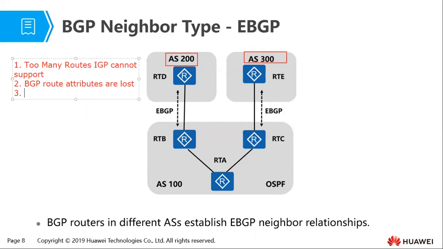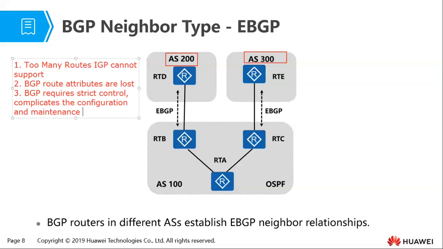Then also BGP requires strict control. And therefore, if you import BGP routes into the IGP, it actually complicates the configuration and the maintenance of the network.